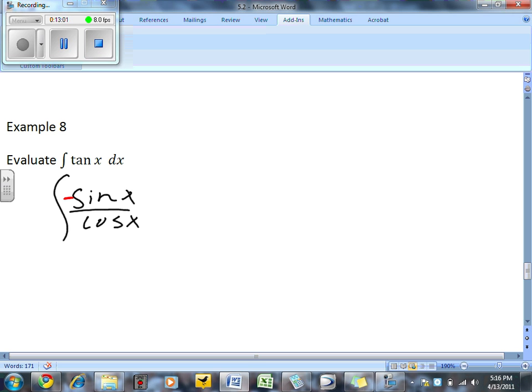Well, if I do that up top, I also have to multiply by a negative on the outside. All right, so now I have the derivative of the bottom up on top. So it's just going to be minus the natural log of cosine of x plus c.